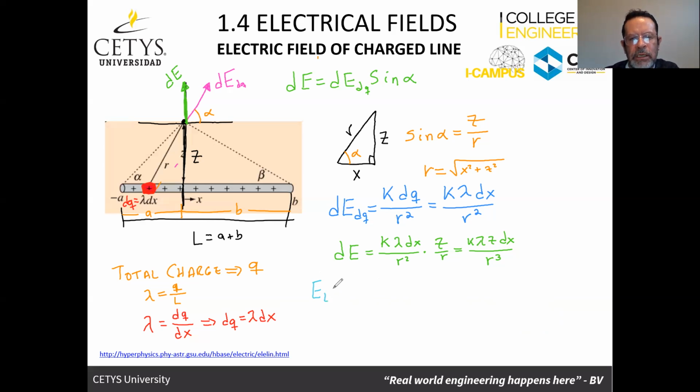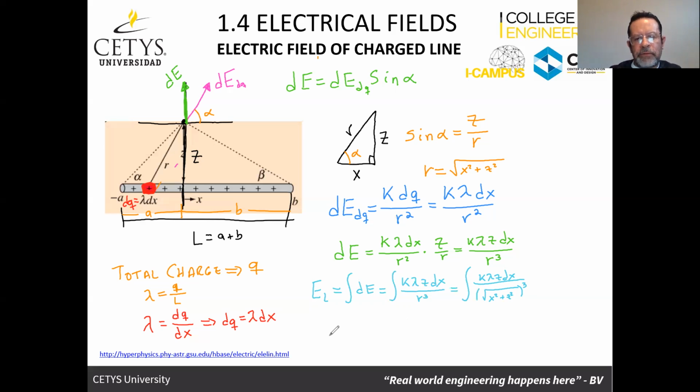Just E line is going to be the integral of dE, which in turn is going to be the integral of K lambda Z dx divided by R to the 3. And this is going to be the integral of K lambda Z dx times the square root of x squared plus z squared elevated to the 3.